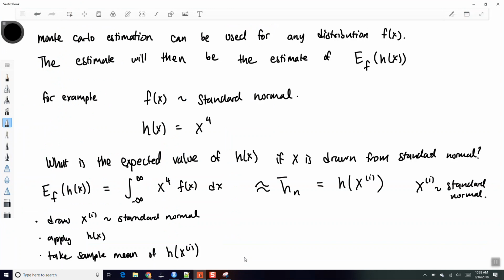So Monte Carlo estimation can be applied to get any other value, right? Any other function, any other distribution.